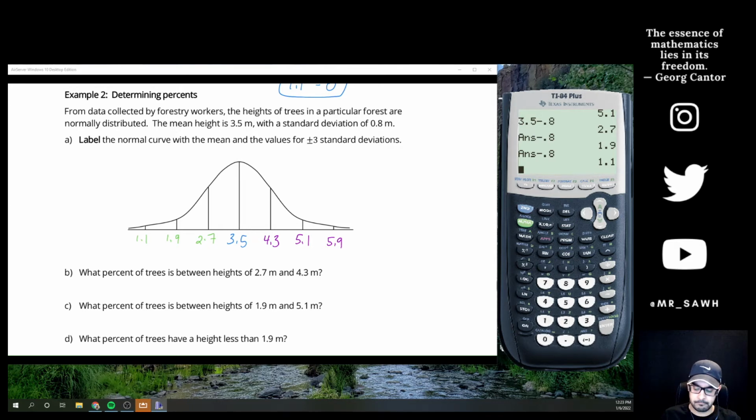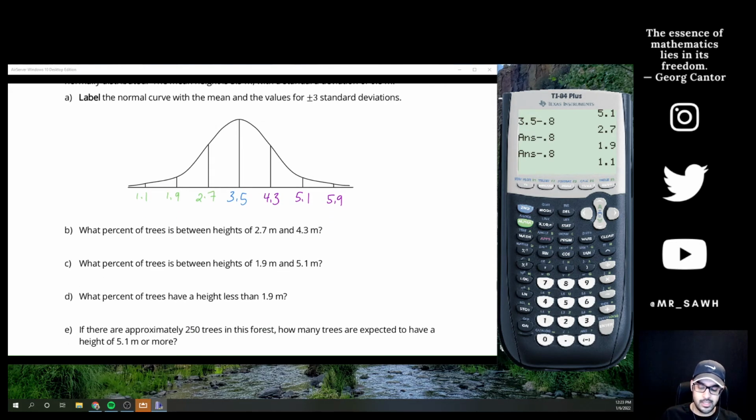Now, that's part A. Part B, C, D, and E really get me to use those percentages to think about this. Okay, so for B, it says what percentage of trees is between the heights of 2.7 meters and 4.3 meters? Well, on my curve, this is the region we're talking about that I've shaded in red, right?